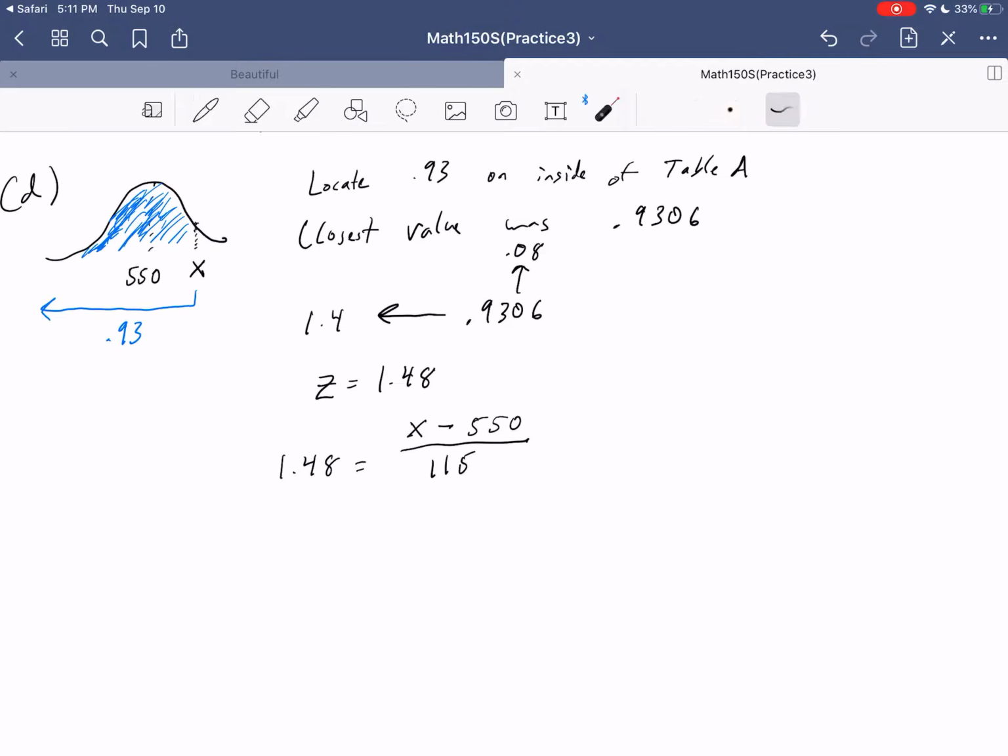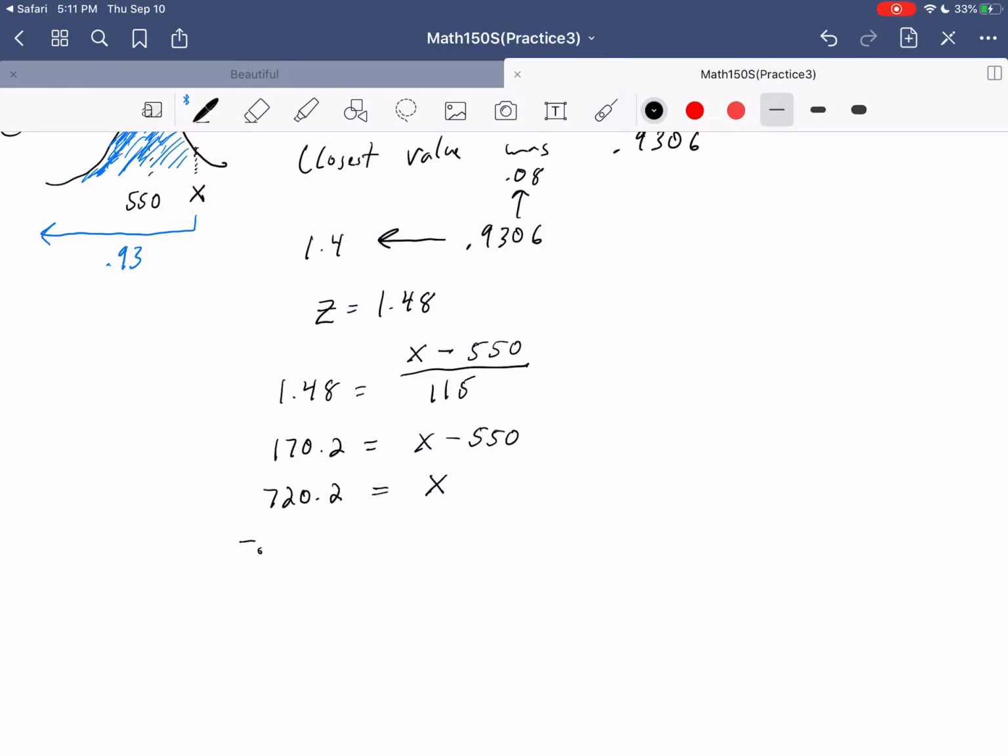We can start off by multiplying both sides by 115, so 1.48 times 115. That would give us 170.2 equals x minus 550. Then we add the 550 over onto the other side, and we should get 720.2 equals x. So what does that mean?